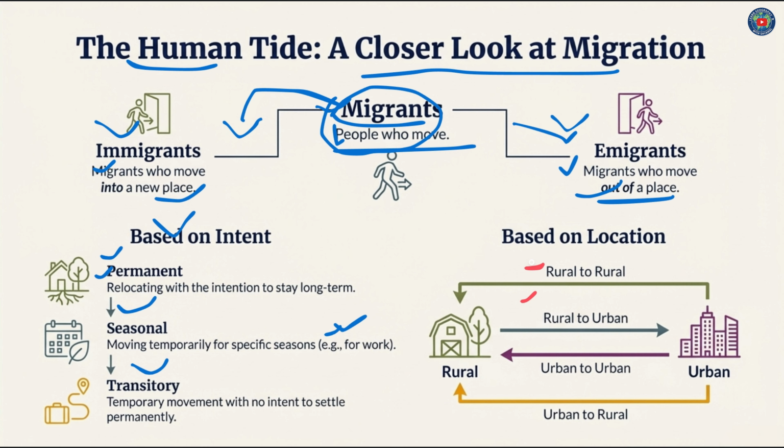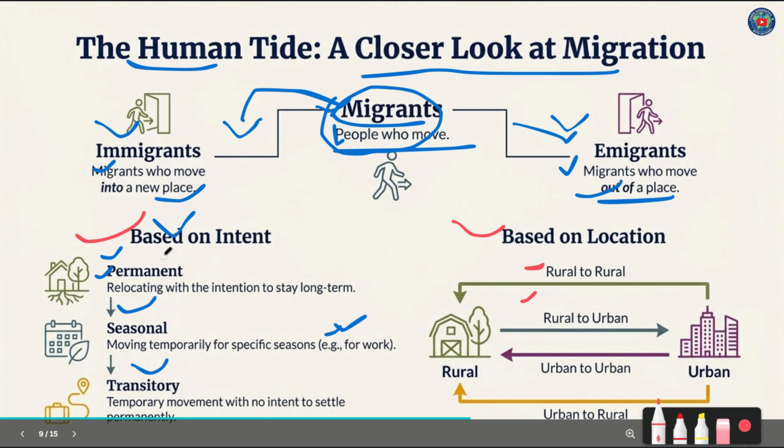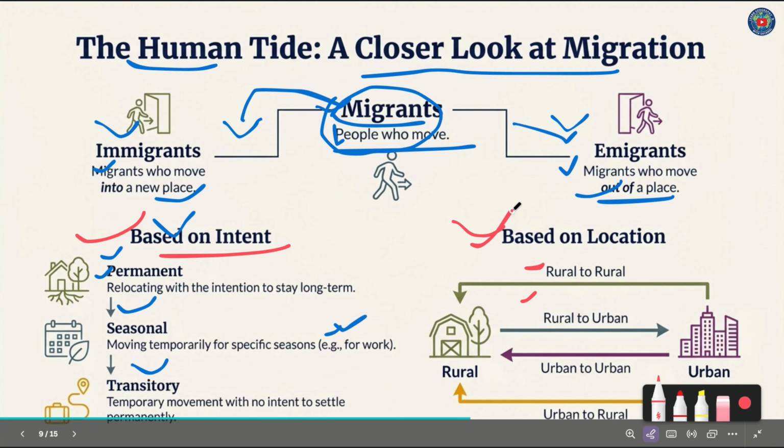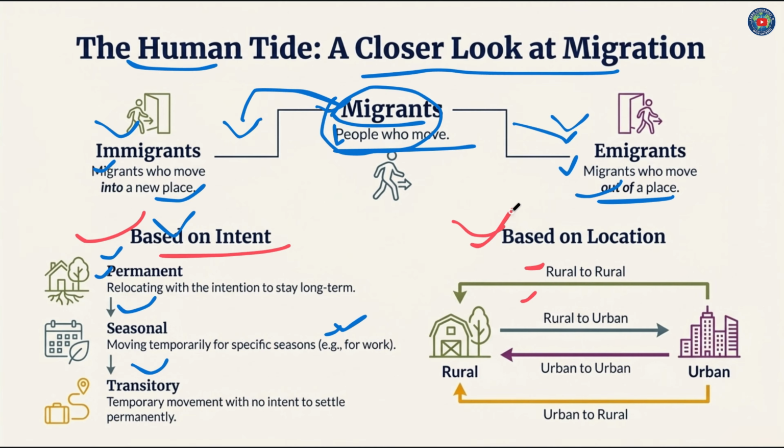And urban to rural means population movement from an urban area to a rural area. Okay, these are the classifications of migration: permanent, seasonal, and transitory on the basis of intent, and on the basis of location, rural to rural, rural to urban, urban to urban, and urban to rural.